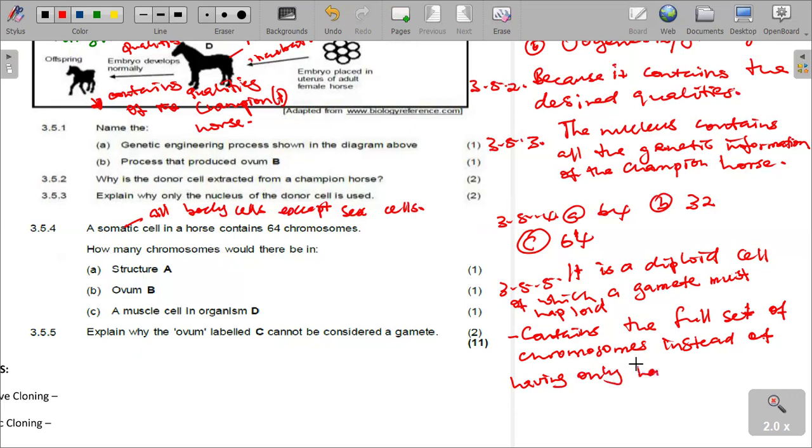So it is containing the full set, this one, C. It cannot be a gamete because it has the full set of chromosomes instead of only half. So it is a diploid cell, of which a gamete must be haploid, is one condition that we have said. We can also put it in different phrasing: it contains the full set of chromosomes instead of having only half, which is why it cannot be considered a gamete. 3.5.5 cannot be called a gamete because of that.